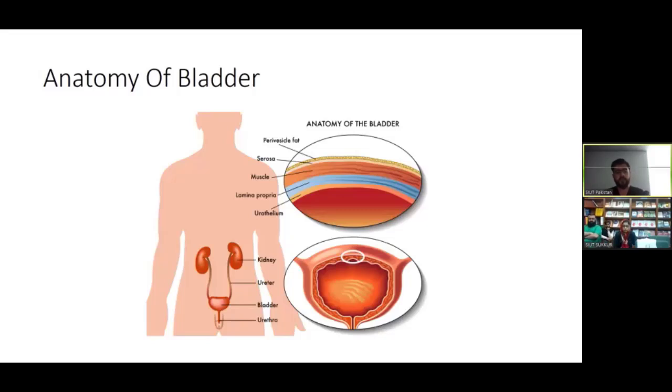These layers become very important when we are discussing the stage of the bladder tumor, and the different T stages are based on these layers of the bladder. So we have a urothelium followed by lamina propria, muscle, serosa, and the outer layer is a fat layer.